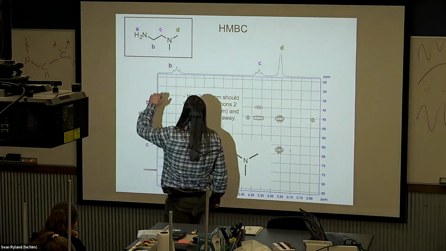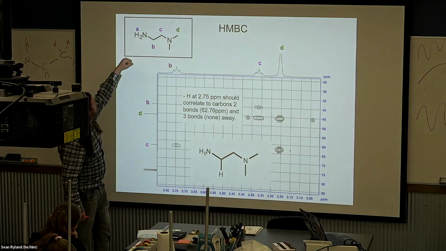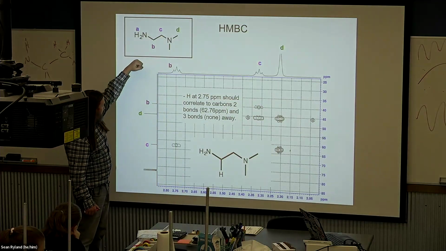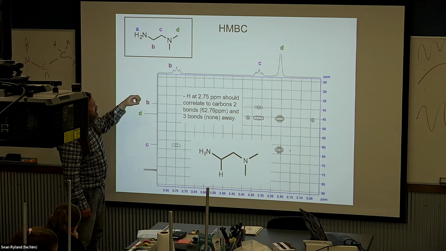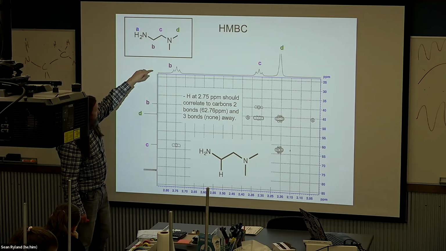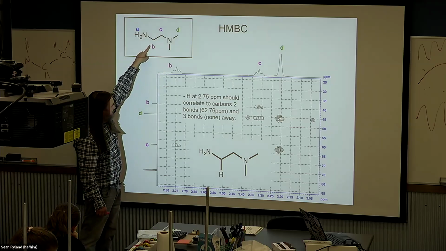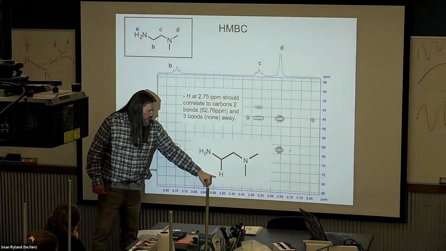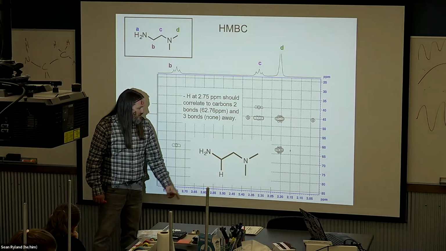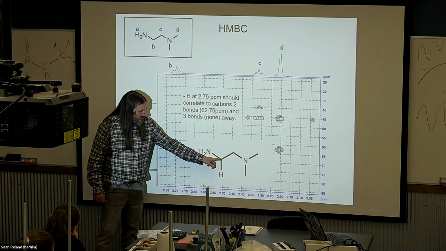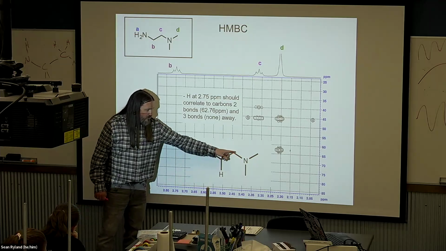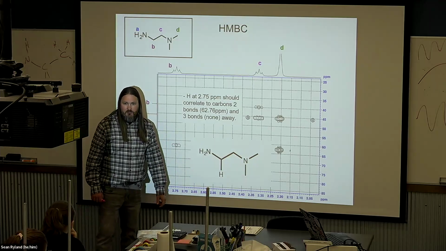All right, so here's our molecule. We already assigned B, C, and D in the protons, and B, C, and D on the carbons. Our proton at 2.75, that's B. That's the one that's drawn right here. There's going to be a carbon 2 bonds away, and no carbon 3 bonds away.